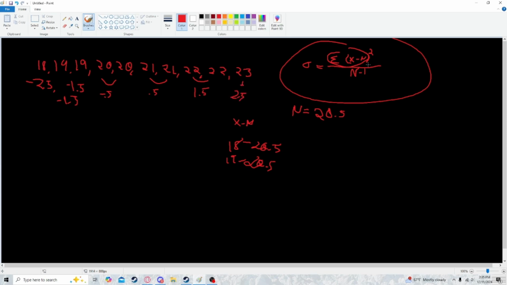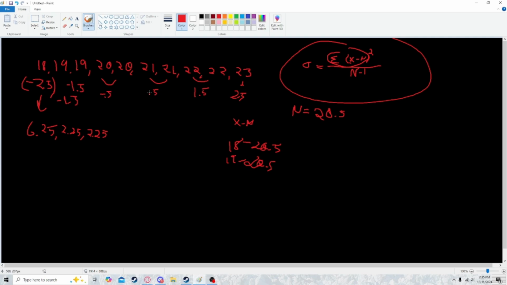Okay? The next part is that we square it, like it says up here. So we're going to square each of these. And remember, squaring includes the negative, and when you square a negative number, it becomes a positive because you're multiplying it by itself. So this becomes 6.25. These negative 1.5s become 2.25 and 2.25.